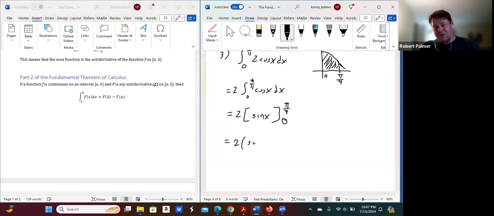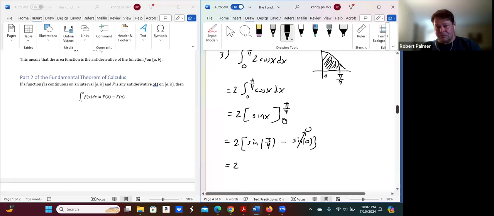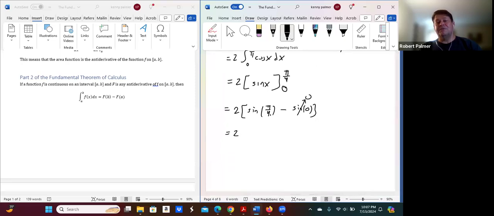Okay, so it's going to be the sine of pi over 4. It might be good to just use brackets on this so I don't have too many parentheses. Then minus the sine of 0. Now remember, the sine of 0 is actually just 0. And then the sine of pi over 4, remember that one, that's the same as a 45-degree angle, and that's the same as the square root of 2 over 2.